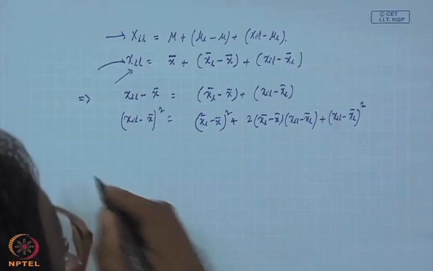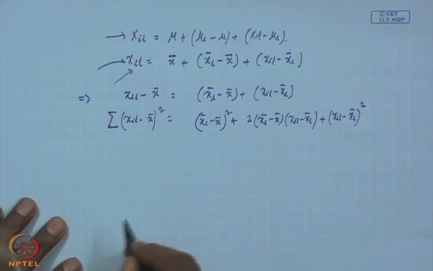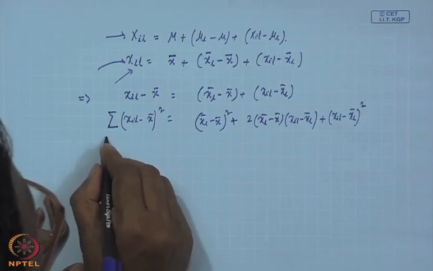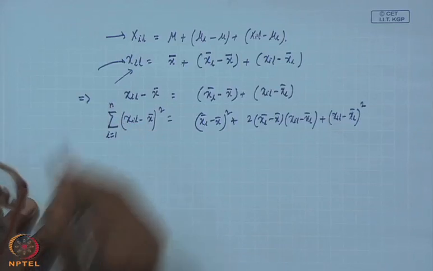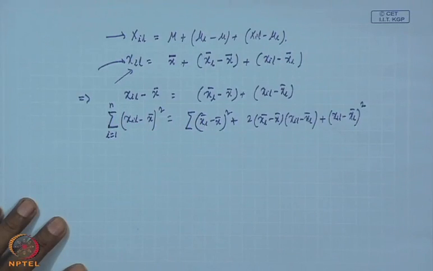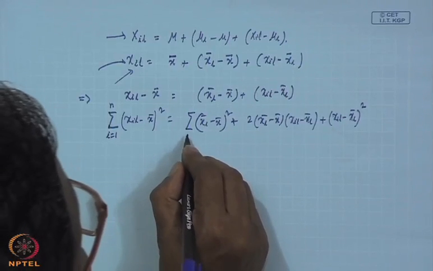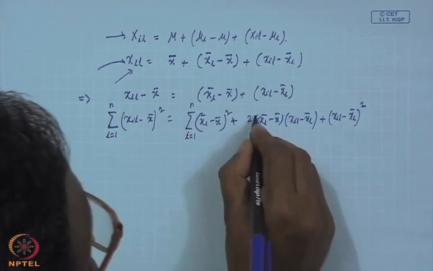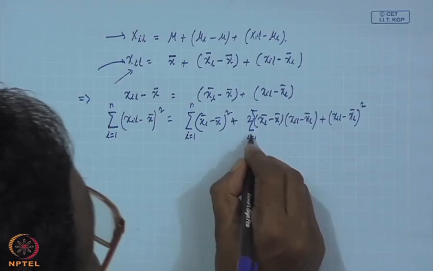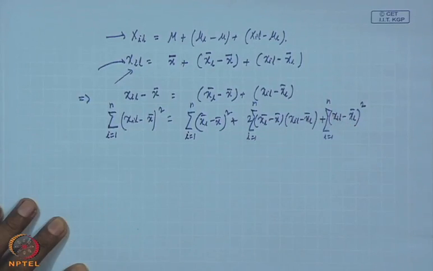You take the summation over I, okay, I equal to 1 to n. We are assuming that equal size samples are collected from the L populations. So, again I equal to 1 to n on each side.